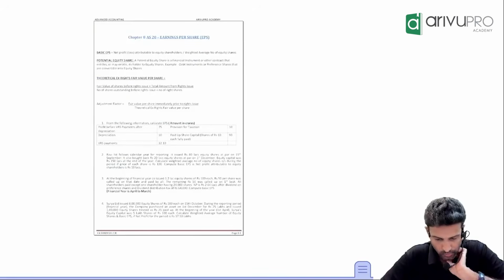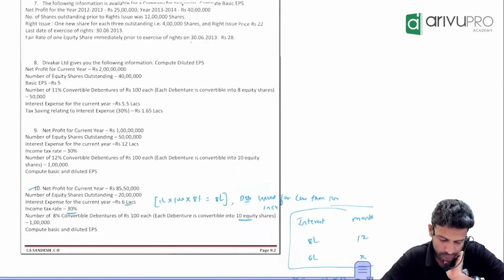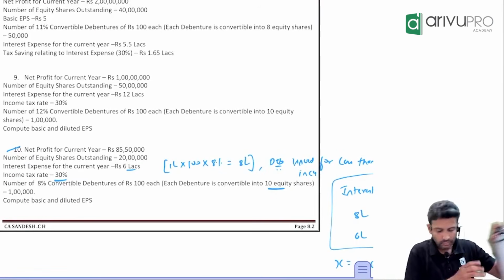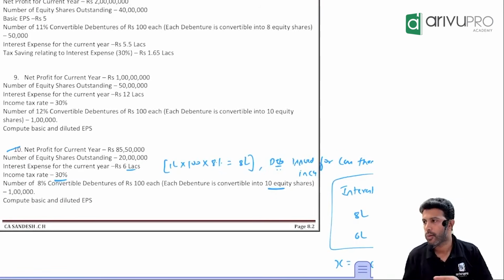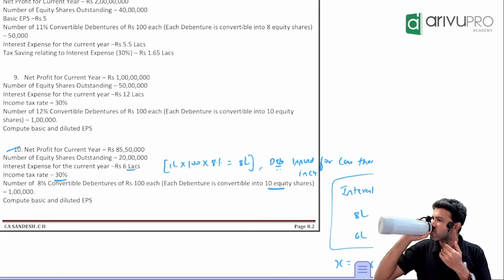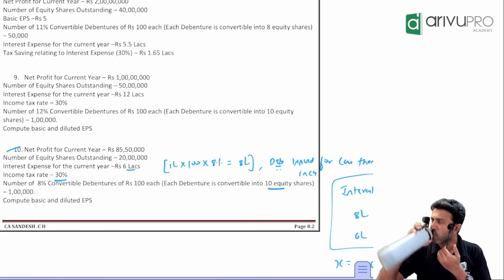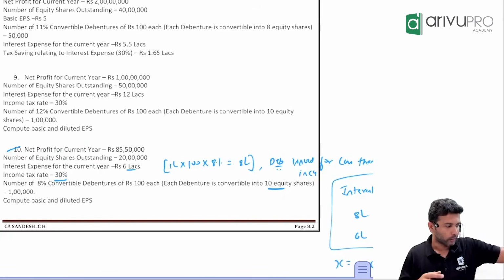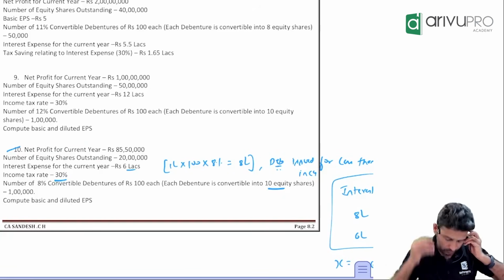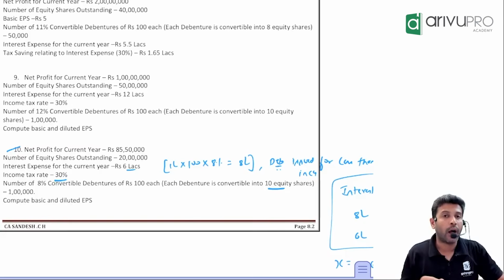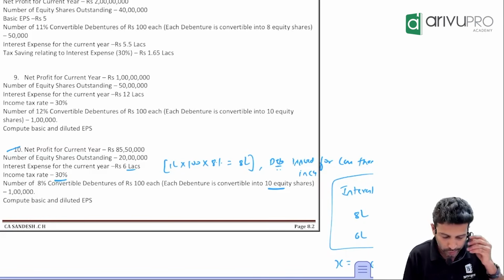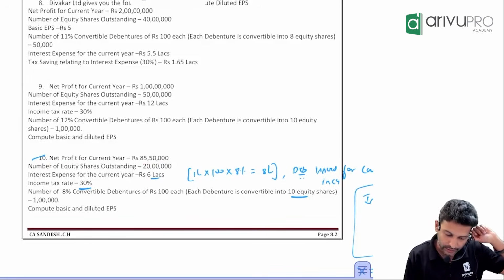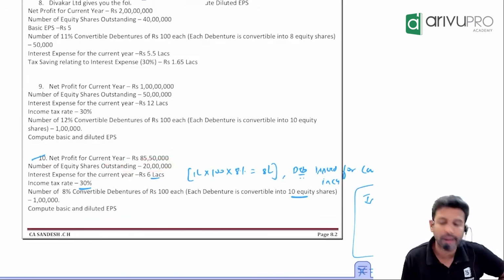Yes, question number 10 from our class notes. Net profit for current year 85.5 lakh. Number of shares outstanding 20 lakh.